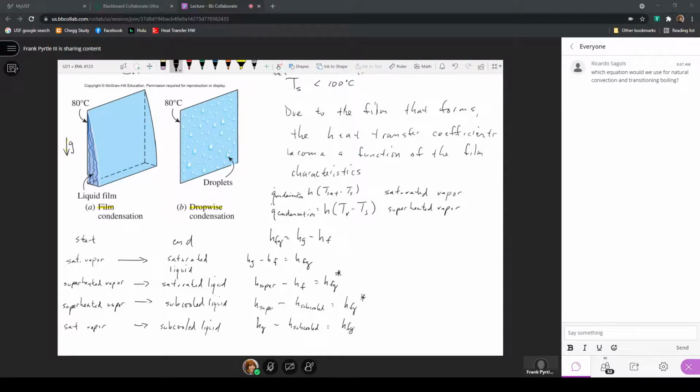We could call that an HFG star, where each of these expressions of an HFG star would have a different equation associated with it according to what the phase is of the vapor and what the end state is for the liquid. For the liquid, it's either going to be a saturated liquid or a subcooled liquid. For the vapor, it's either going to be a superheated vapor or a saturated vapor. So we have these four combinations that we can consider.